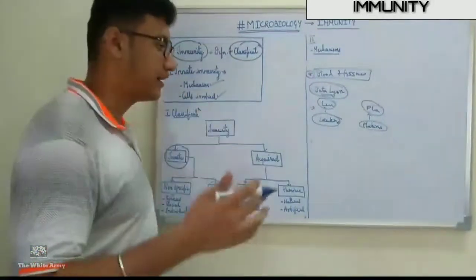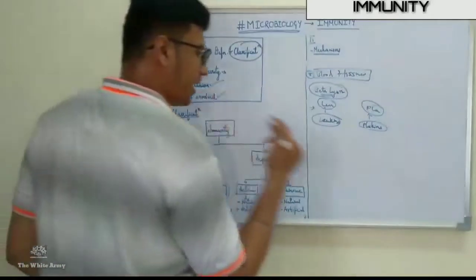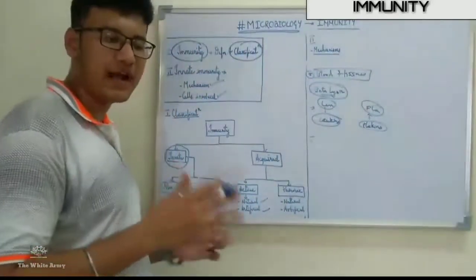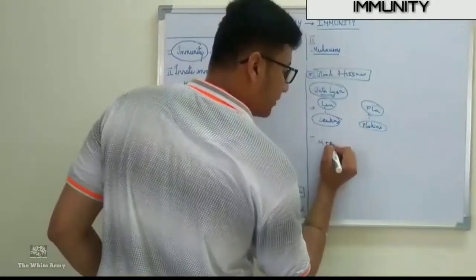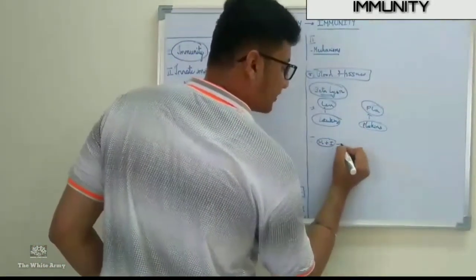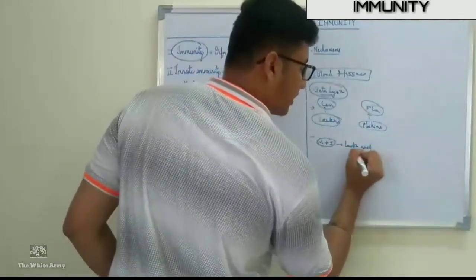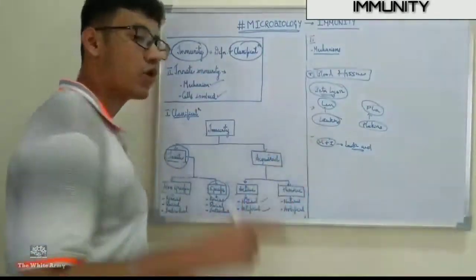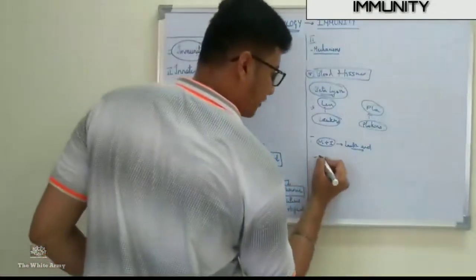The other thing is the acidic environment present in the muscles and inflammatory zones. This is caused by lactic acid production, which provides an acidic environment especially in the muscle tissues and inflammatory zones, causing the destruction of the organism. And the last one is interferons. Interferons are very unique and very specific.